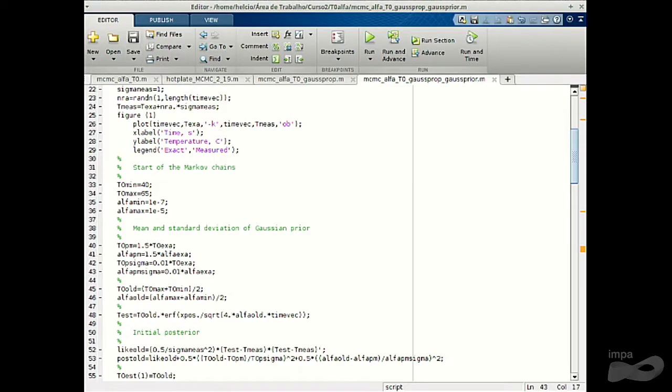And of course, if we put it here like 1 and 1, this would be the best of the worlds, right? The best situation would be one where we knew the parameters very well, and we are only taking new measurements with those very well known parameters.